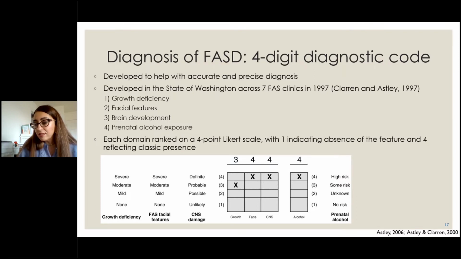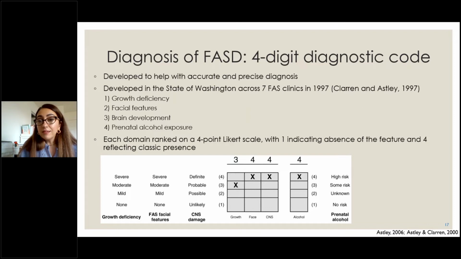Okay, so this is a system that's currently used in the clinics both in the US and very widely used in Canada. As you can see, every client is evaluated as far as whether it's severe, moderate, mild, or non-existent in each of these categories.